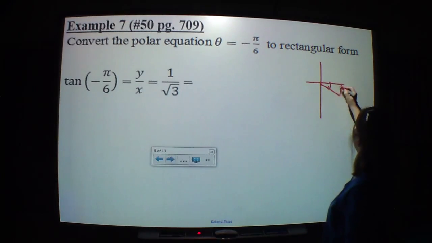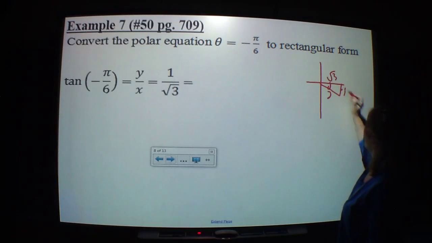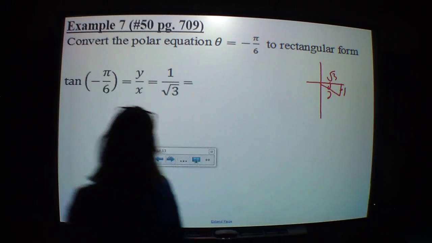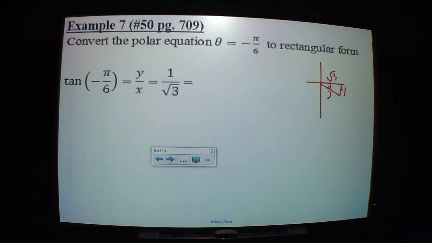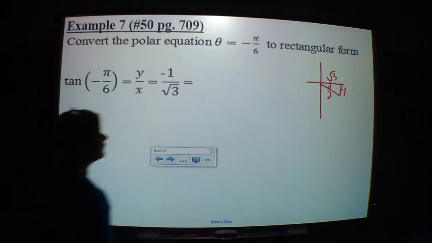There's -π/6, which is a 1, 2, radical 3 triangle. Okay? I forgot my negative sign there. So the tangent of -π/6 is the opposite, which is a -1 over radical 3.